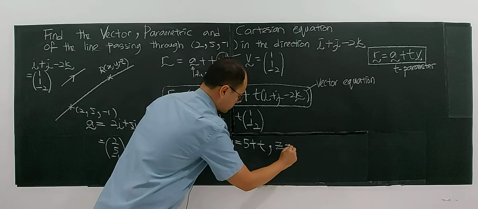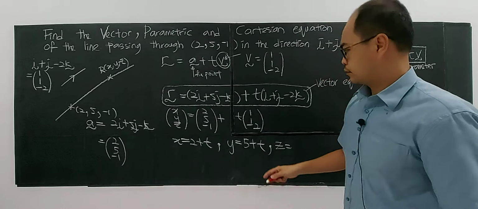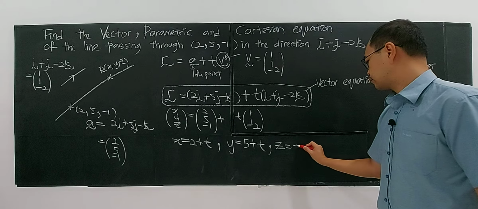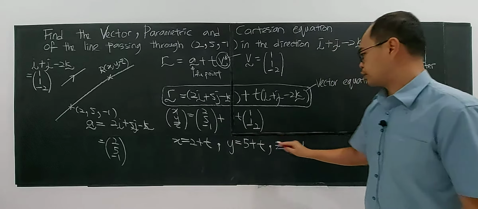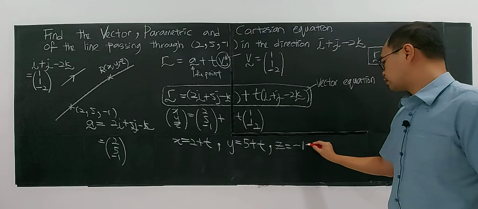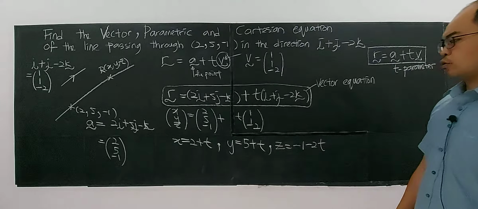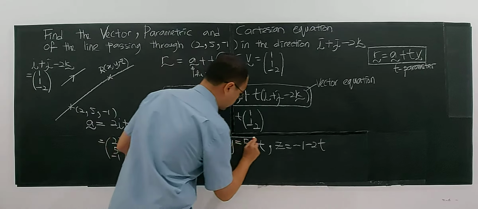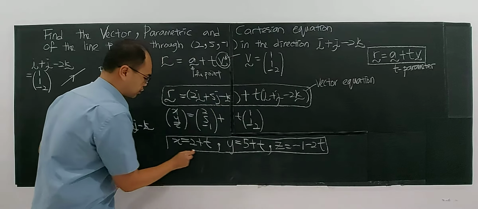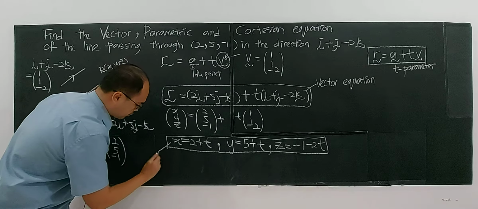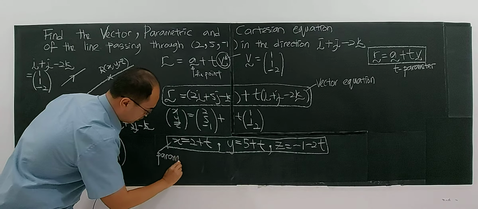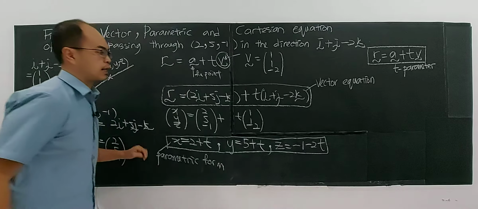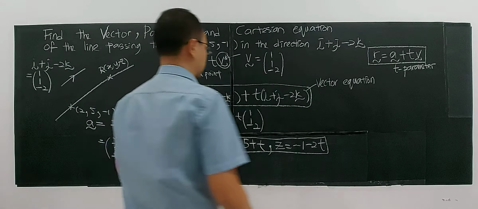And z is negative 1 plus negative 2t, so negative 1 minus 2t. All this is named the parametric equation of the line, and the earlier one is the vector equation of the line.